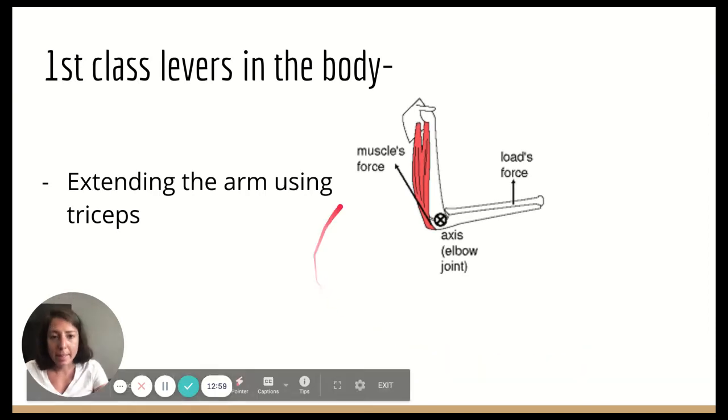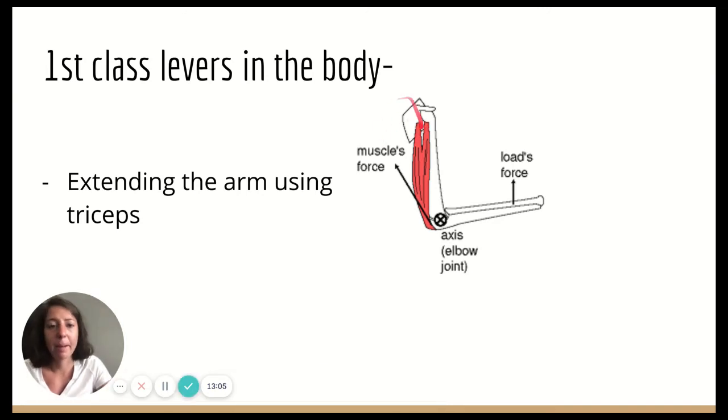So if you look at this muscle, here it is, and this muscle connects all the way up from our scapula area and the top of the humerus all the way down to the olecranon process. Now, the fulcrum is in the middle. Look at the fulcrum. It's the joint between the ulna and the radius and the humerus. That joint is right here.